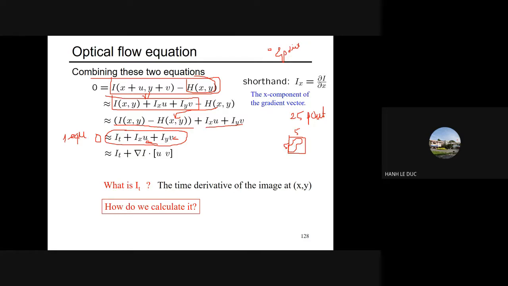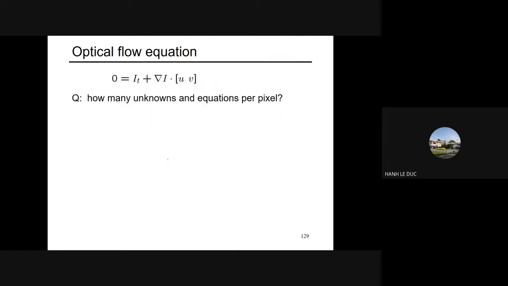So to detect an object, we draw a rectangle, and for example with size 5, we have 25 points. So if we have 25 points, we will have 25 equations like this.